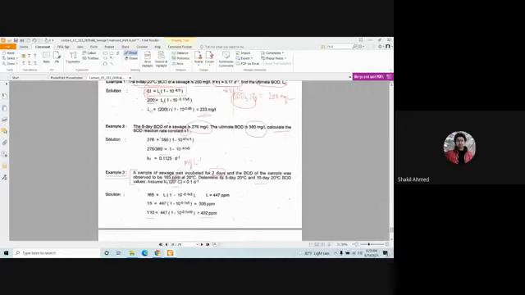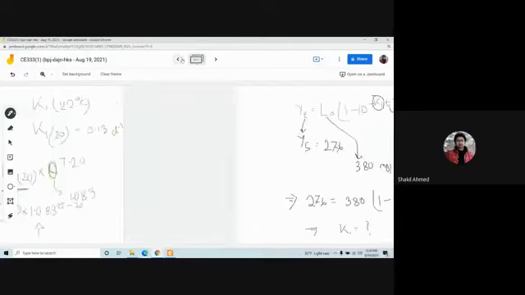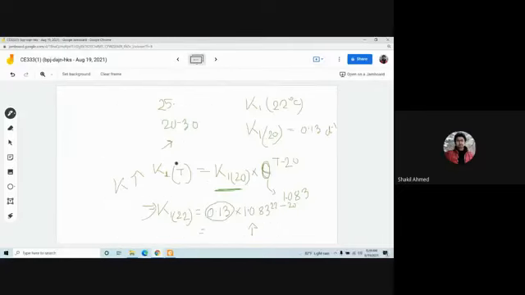So K1 also has to be at 20 degrees Celsius. If I give you the value at 25 degrees Celsius, you use this equation to calculate the value of K1 at 20. You know this, right? So you calculate this. Clear?